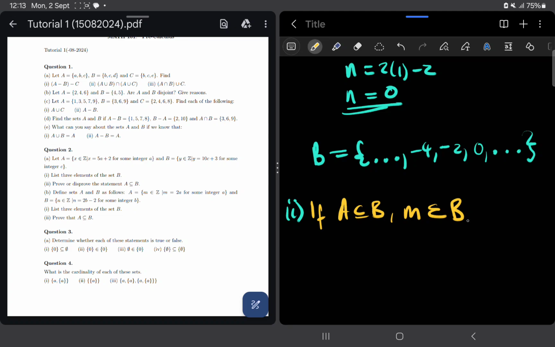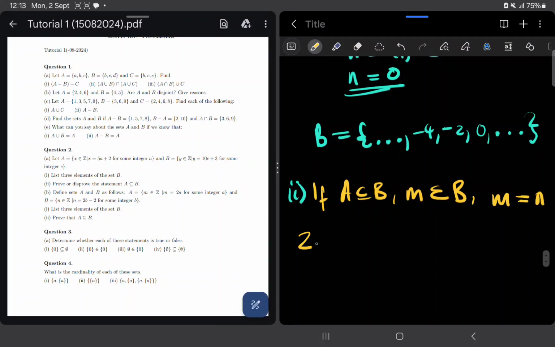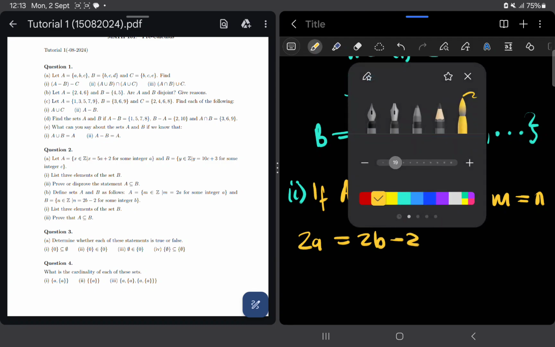And that means that M would be equal to N, because the things that are in B are all called N. So if it's an element of B, that means it is an N, because N is the name given to the elements of B. So that means M would be equal to N. So you say now 2a will be equal to 2b minus 2, because M is equal to N, right?